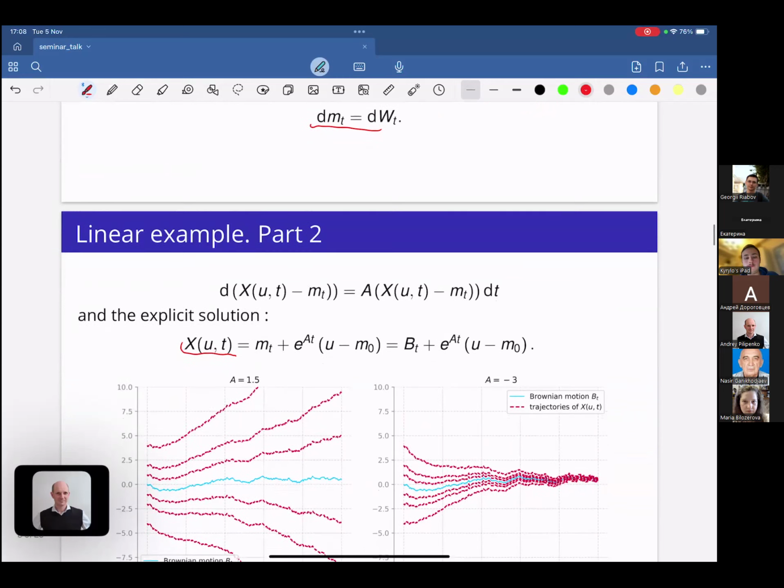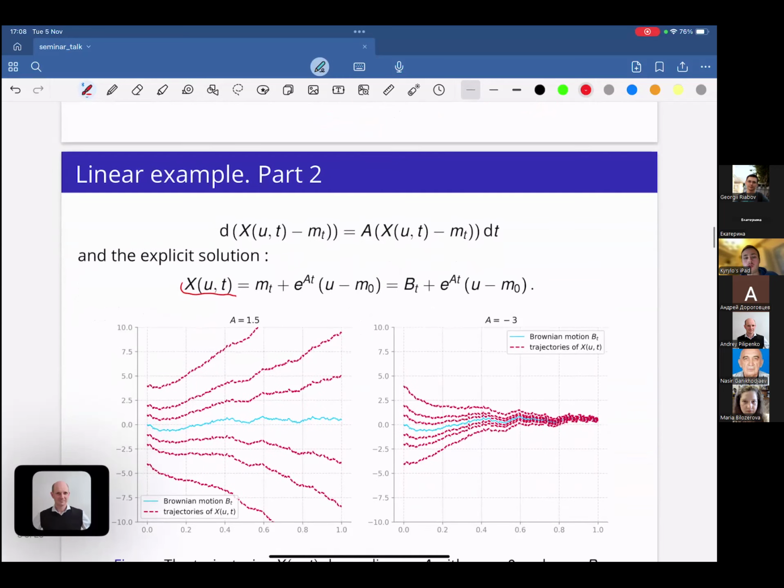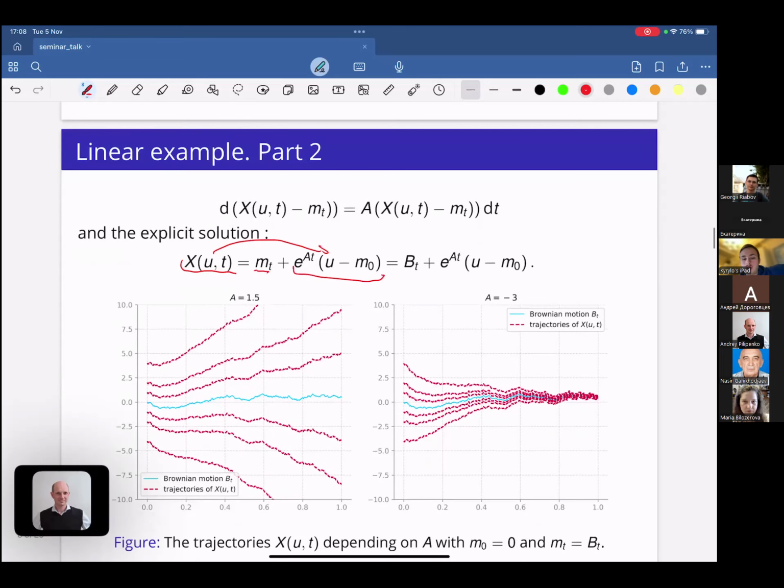The explicit solution is m t, and all other points, which start at the point u, deviate from our center of mass by such a coefficient. Again, our center of mass moves like a Brownian motion, so we can rewrite it: m t is equal to B t.